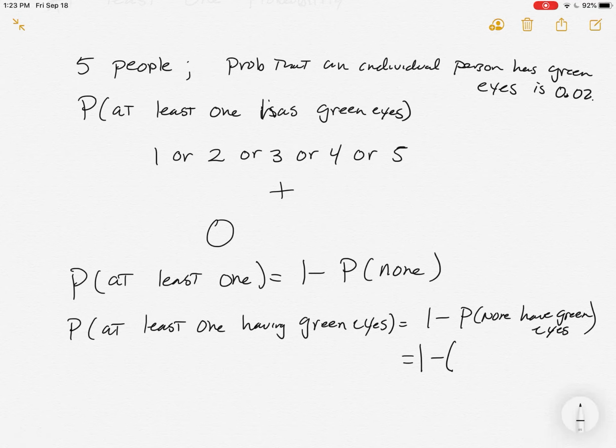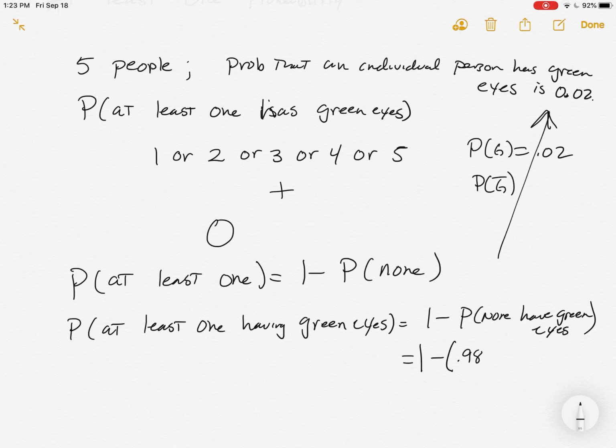So if we come back up here to the probability, this is the probability that they have green eyes, so the probability that they don't have green eyes is 0.98. Everybody comfortable with that? So the probability that they have green is equal to 0.02. So the probability that they don't have green is equal to 1 minus 0.02, or 0.98.